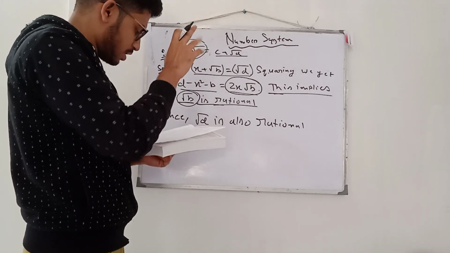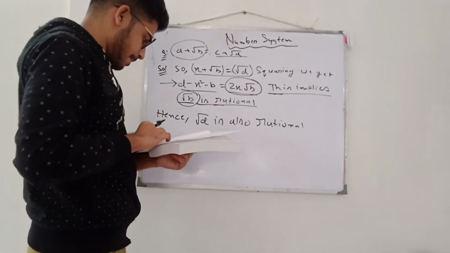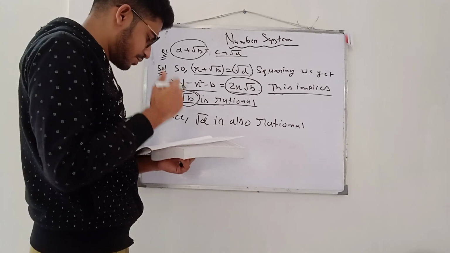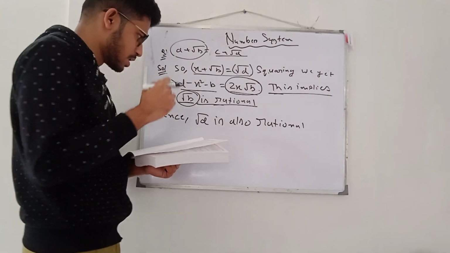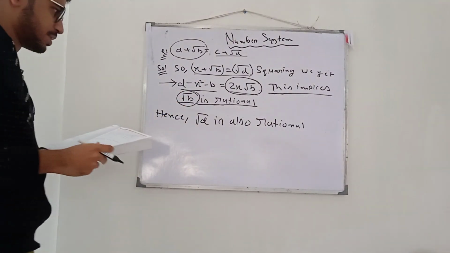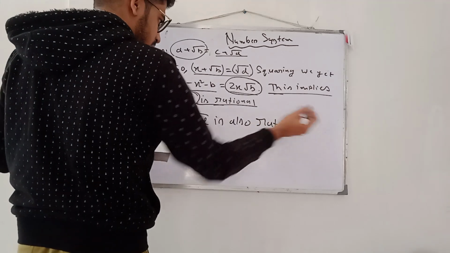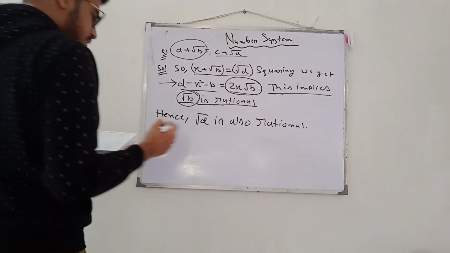I hope you all understood. We have done it in the previous one. So here we have the task to show that b and d are squares of rational. Hence root d is also rational.